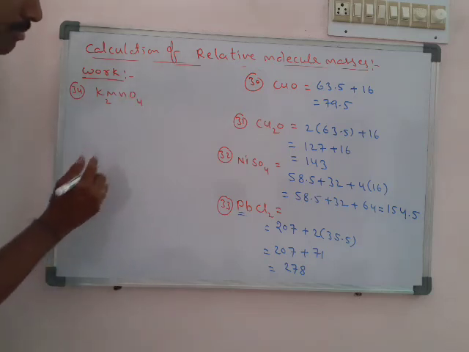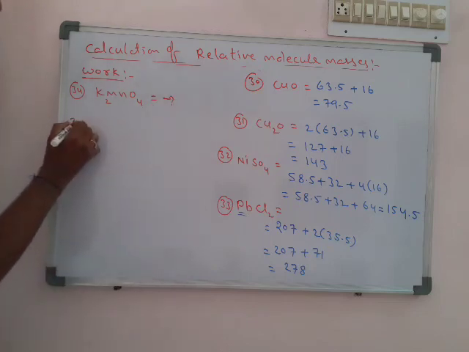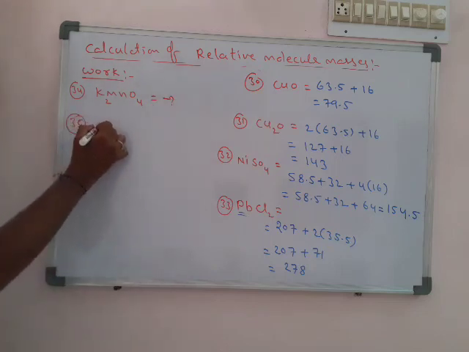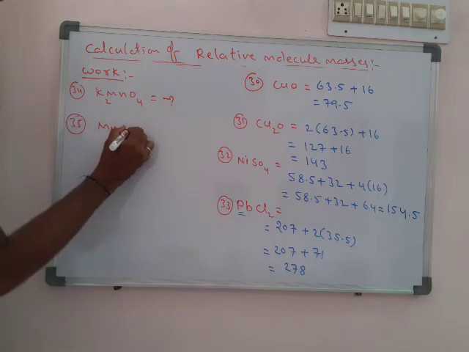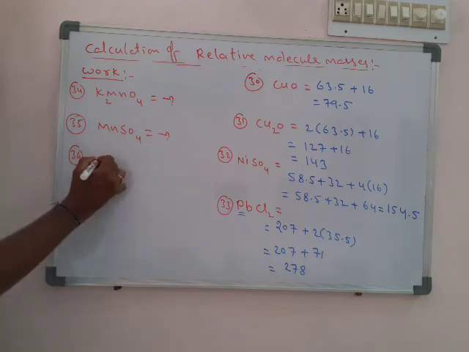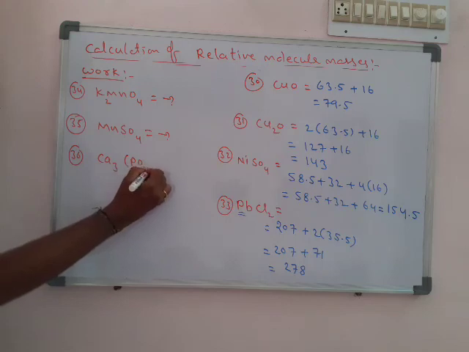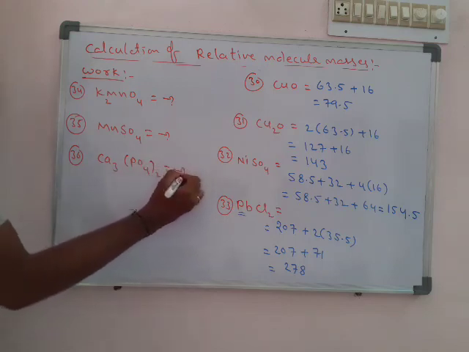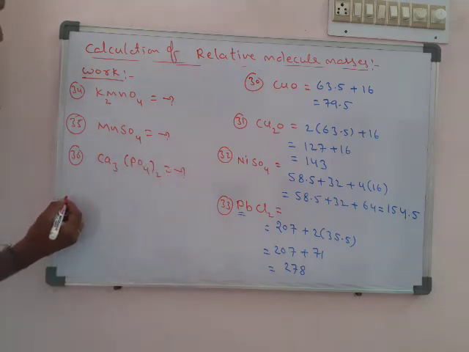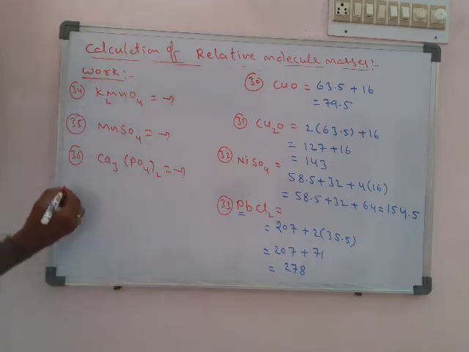K2MnO4, potassium manganate. You have to calculate it. Okay. Manganese sulfate. Calcium phosphate. If you have any doubt, ask me in the comments.